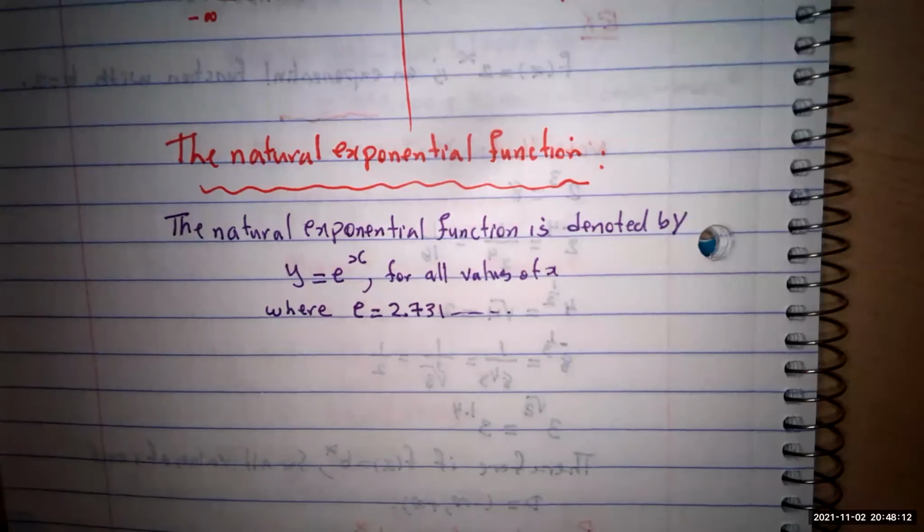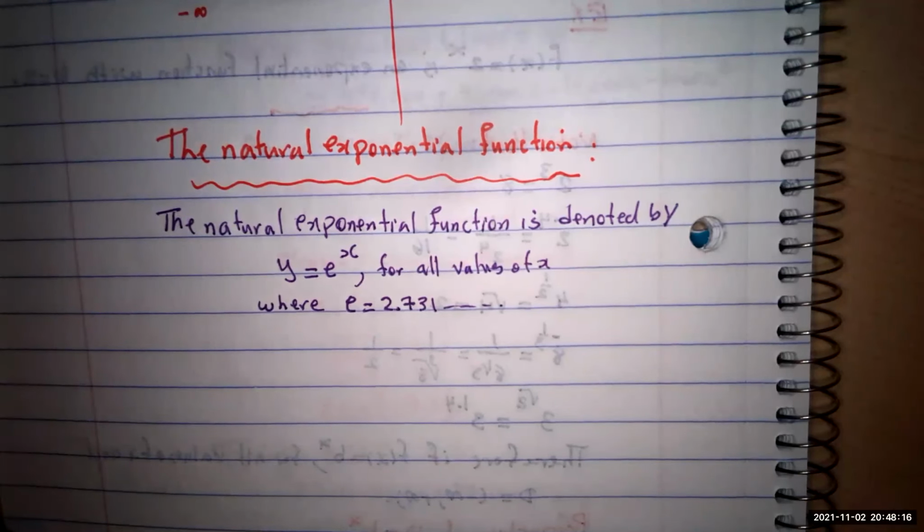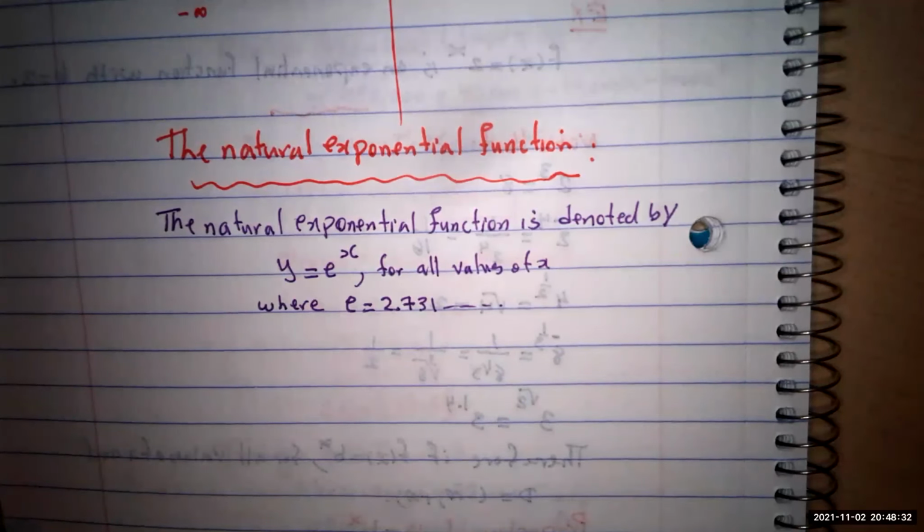Okay, there's a different way to describe it in your book, but we want to get to the properties of this function quickly. So the natural exponential function is denoted by y equals e to the x, but e is an irrational number. If you want to work with this function, you should be able to use your calculator all the time.